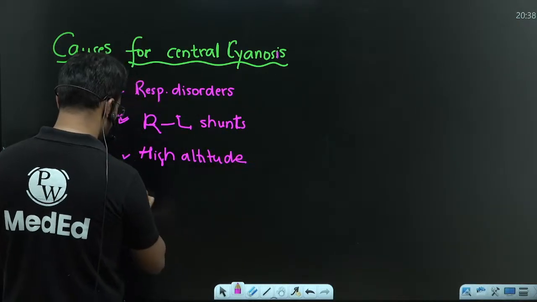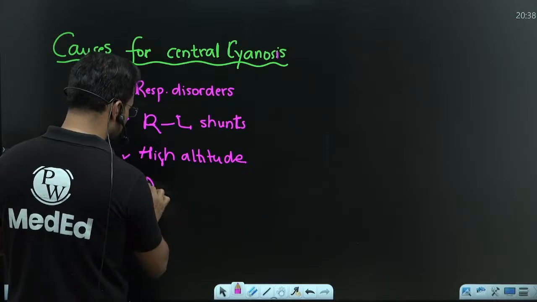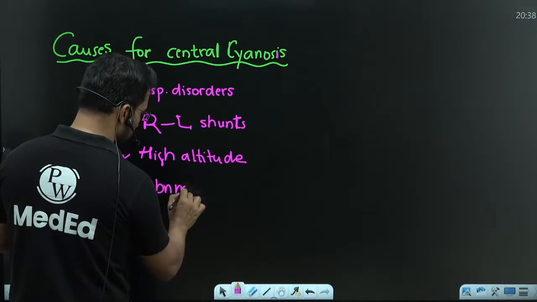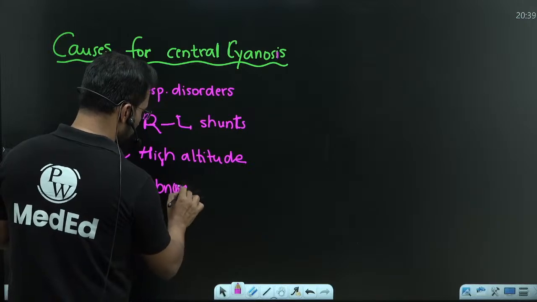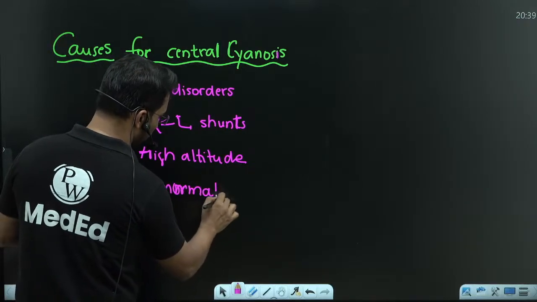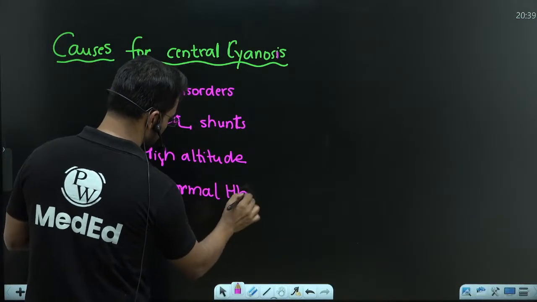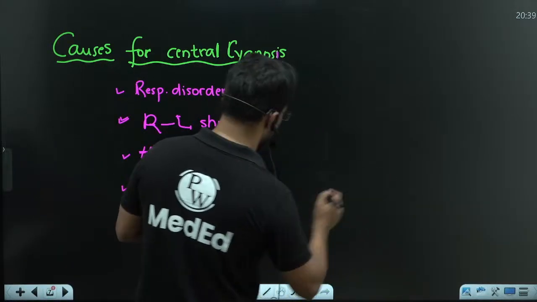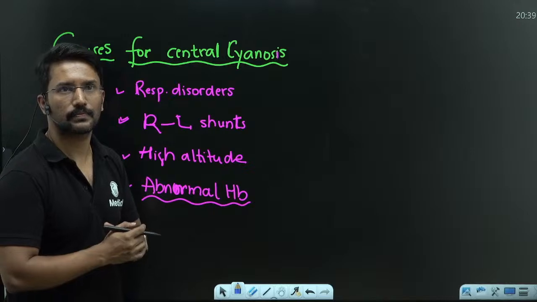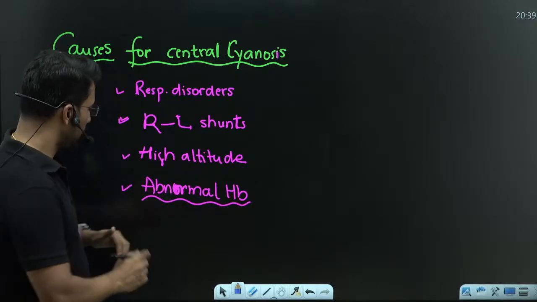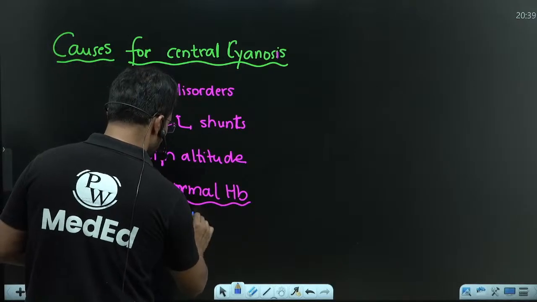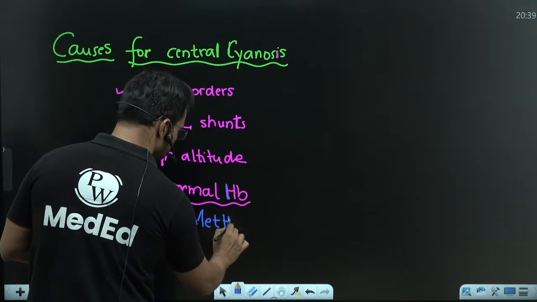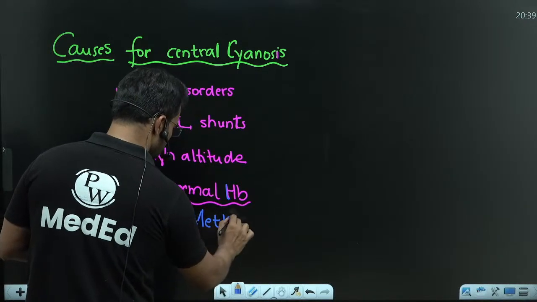And last and equally important are sometimes abnormal hemoglobin forms. Abnormal hemoglobin forms can also cause central cyanosis. So can anybody name abnormal hemoglobins which are known to cause central cyanosis? Examples we can quote are methemoglobinemia, right? Methemoglobinemia. Okay.